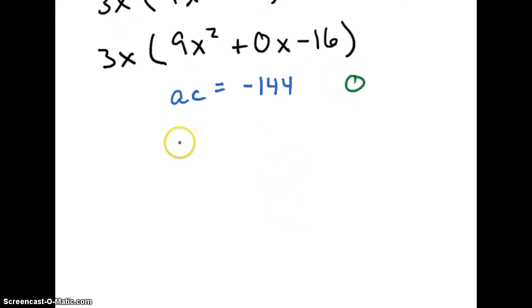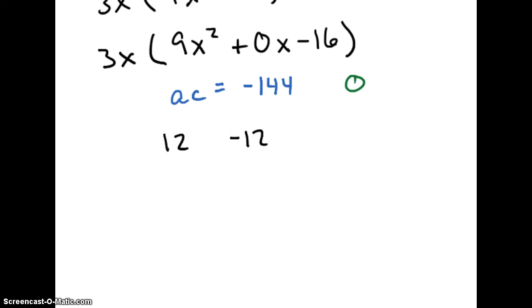Those things are going to have to be the same thing with an opposite sign. So if I take the square root of this guy, I get 12. So my two numbers are 12 and negative 12. So again, my two numbers that multiply to give me negative 144 are negative 12 and positive 12. And these two guys add up to 0 because they are opposites of each other.